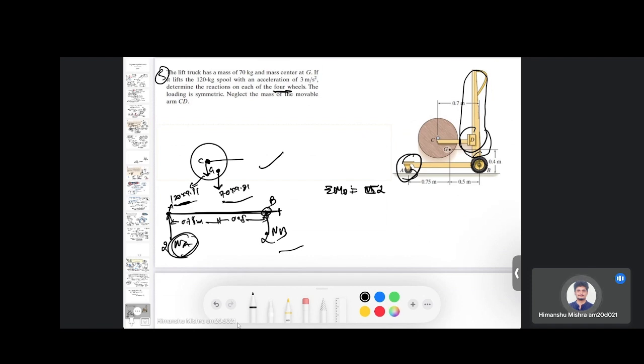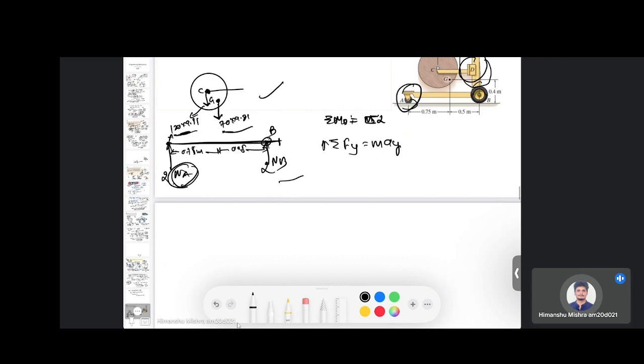I can also do the force balance analysis in the vertical direction and it will be equal to m a_y.